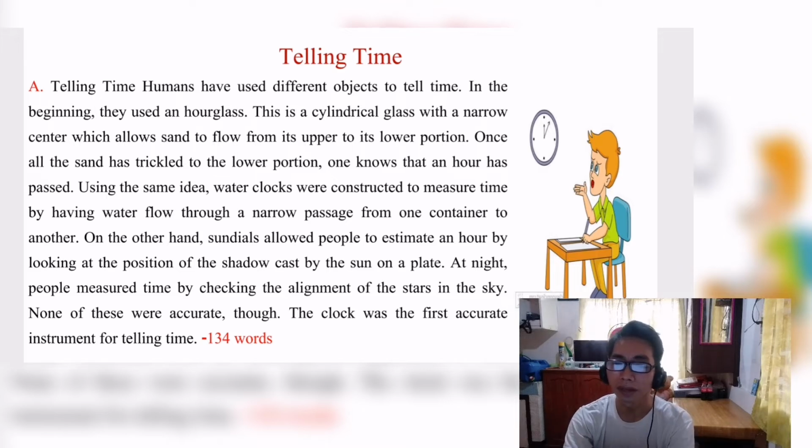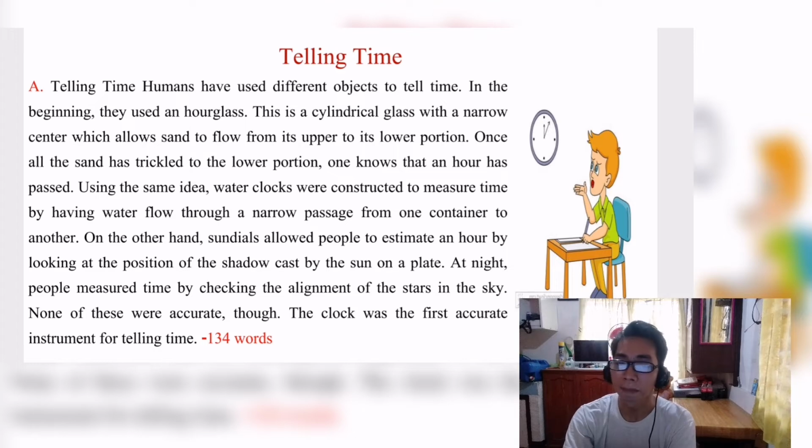Using the same idea, water clocks were constructed to measure time by having water flow through a narrow passage from one container to another. On the other hand, sundials allowed people to estimate an hour by looking at the position of the shadow cast by the sun on a plate.